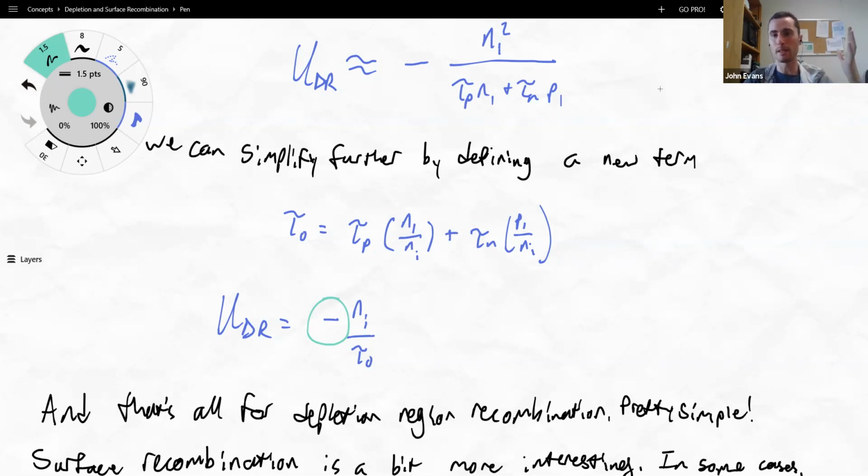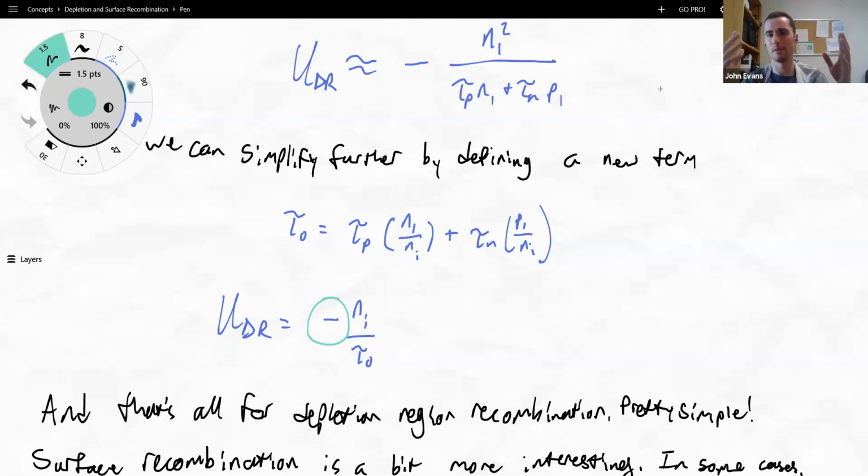And you can sort of think of this as saying, okay, we're going to take the number of intrinsic carriers that we have in any given cubic centimeter. And then we're going to take this tau naught, which is sort of like the lifetime of a generated species, if that makes any sense. And so what we're saying is the rate of recombination, or the rate of generation in this depletion region, is going to be equal to the number of carriers divided by the time for which they exist, the time in which these events happen, right?